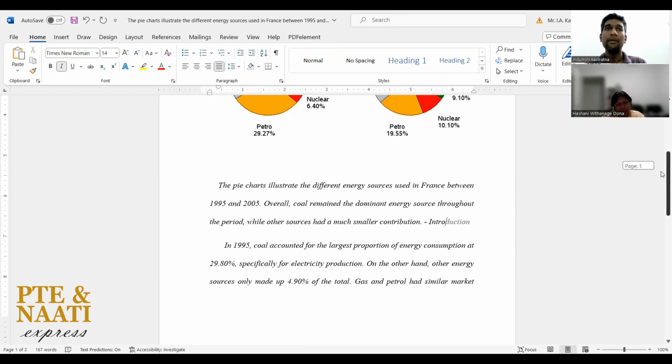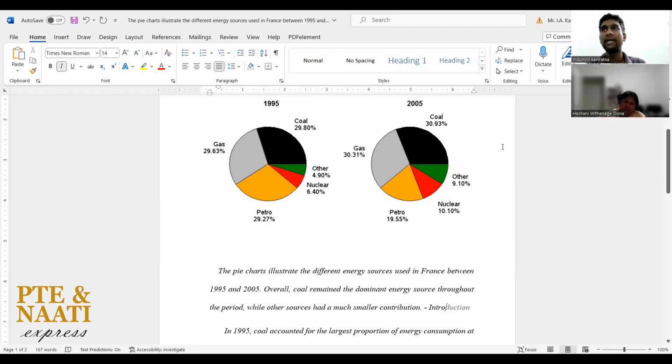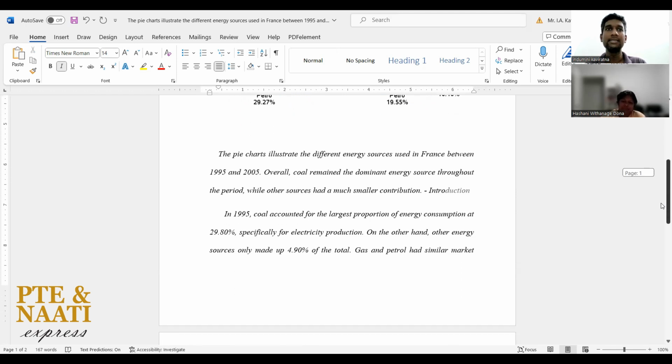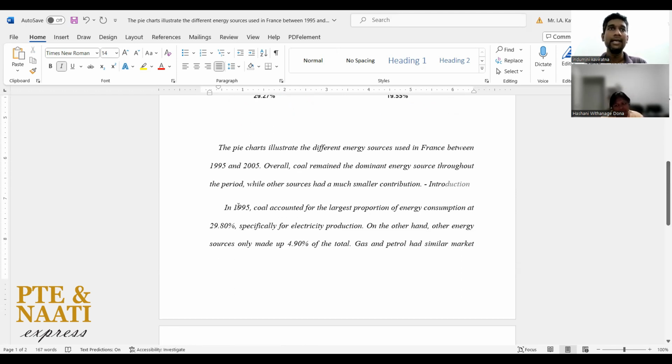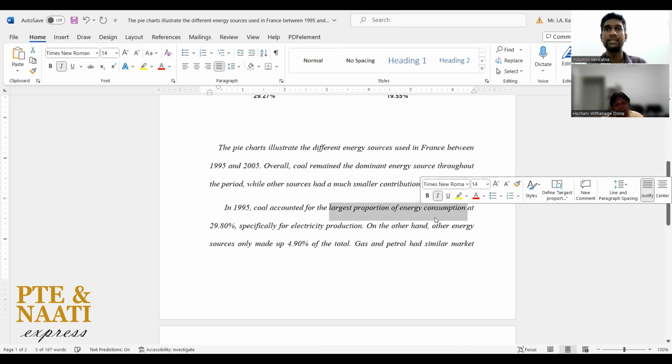After that, we can start from 1995, or we can compare and go. So in this answer, look at how it has been created. In 1995, coal accounted for the largest proportion of energy consumption.